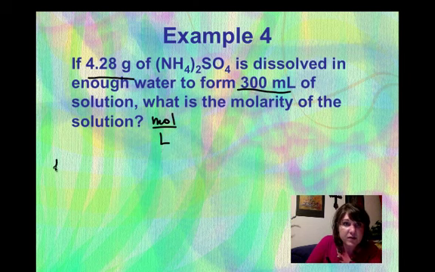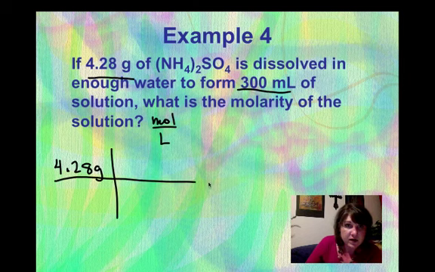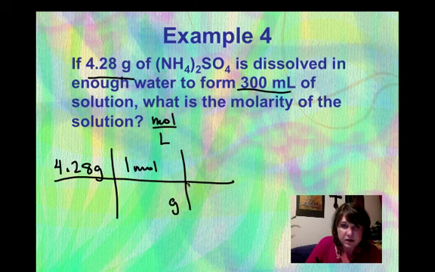So let's start off with grams, 4.28 grams. And this is ammonium sulfate. So we're going to have to work out that molar mass. We'll put grams on the bottom and moles on the top. So we'll do that here in a second. Then how many grams are in a mole. And now we have moles on top. All I've got to do now is put liters on the bottom, right?